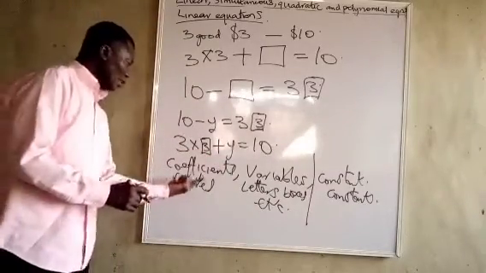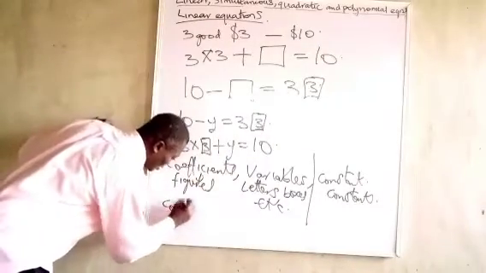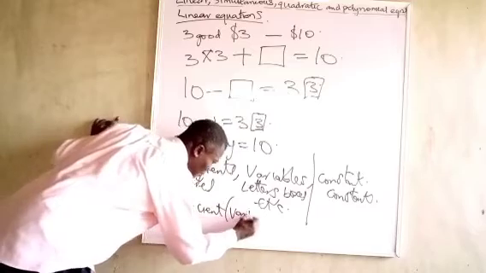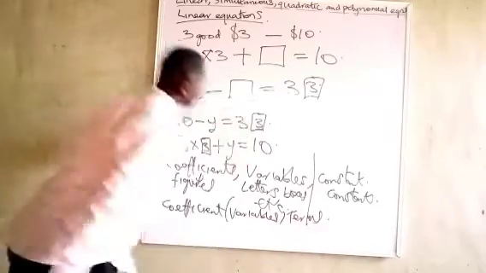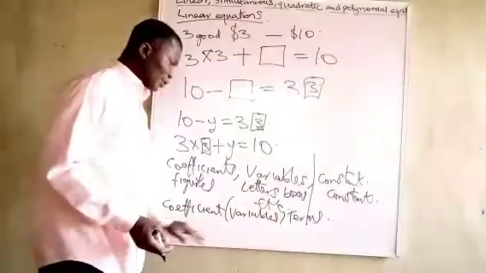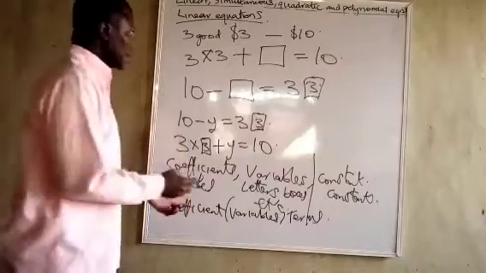Now, the combination of coefficients and variables gives us what we call terms. So a linear equation is a combination of terms that gives us an expression.